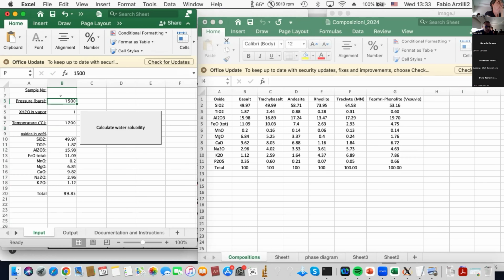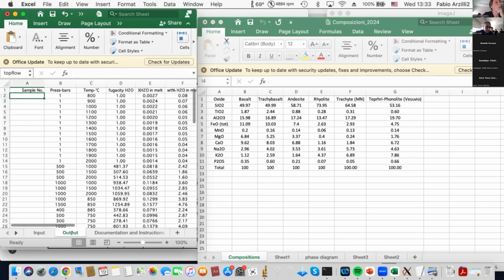Then what you want to change is the pressure. Therefore, you want to create a solubility curve. We can investigate several pressures. You can start from 2000 bar, for instance. After you put 2000 bar, you need to calculate solubility.